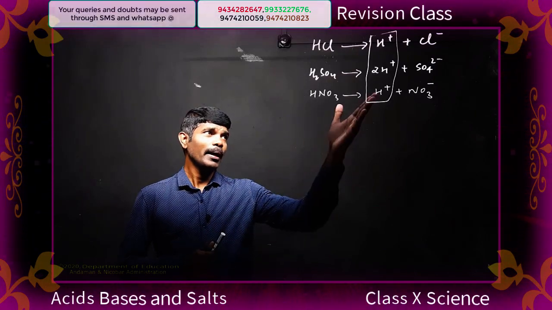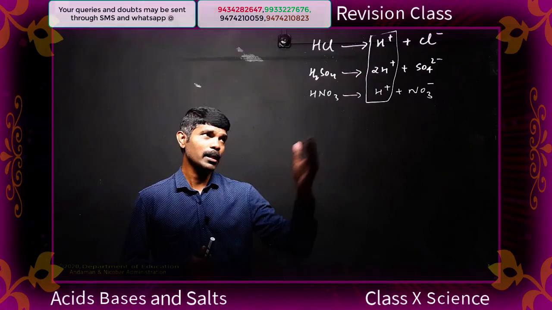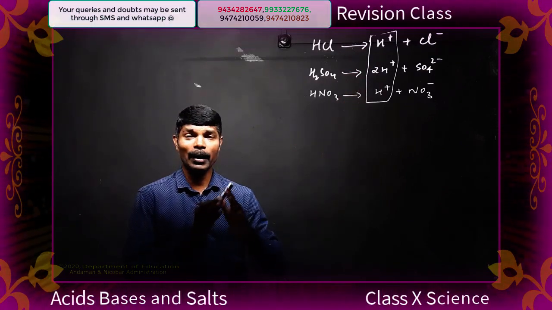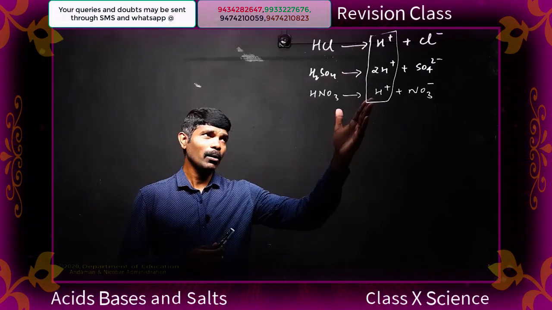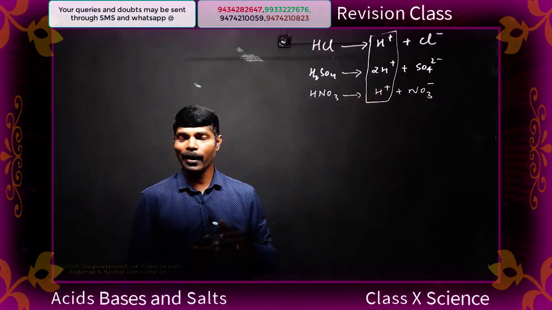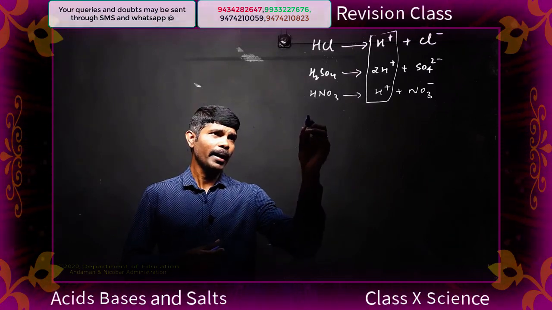Dear students, here we have written hydrogen ion independently, but as such hydrogen ions are highly reactive, they do not remain independently. So when we are dissolving it in water, when hydrogen ion is produced, immediately the hydrogen ion reacts with the water and it exists in the form of hydronium ion. Let us see how it happens.